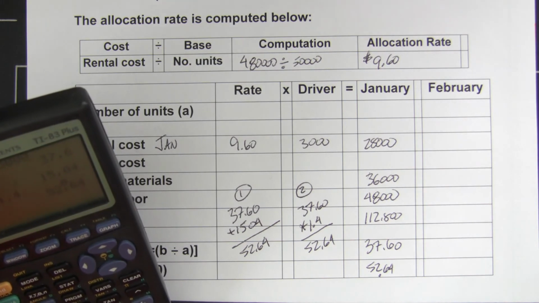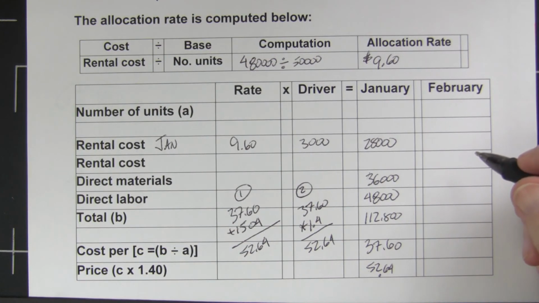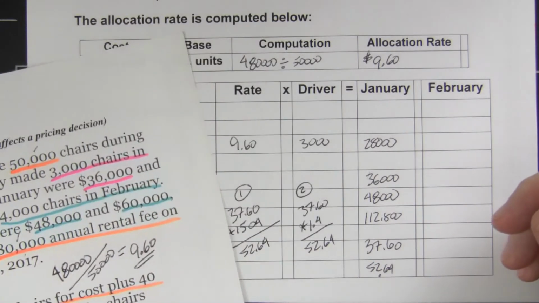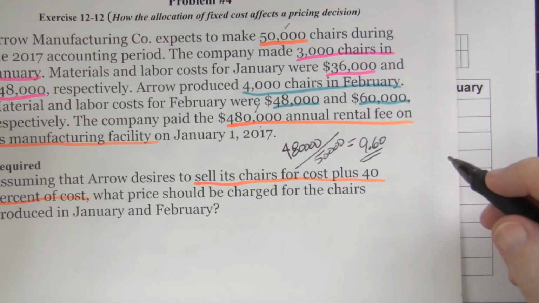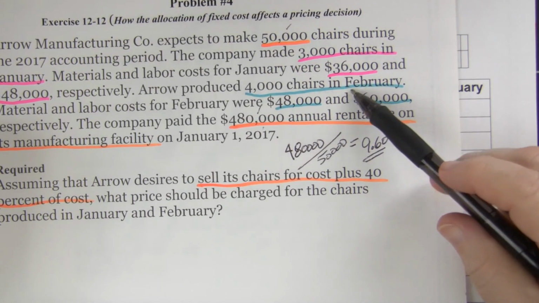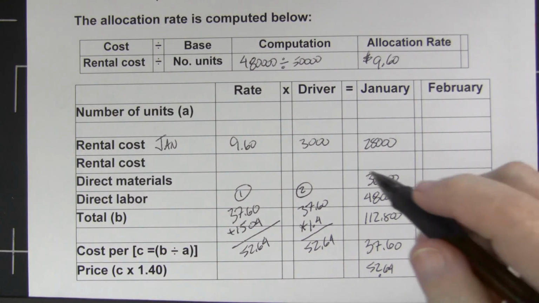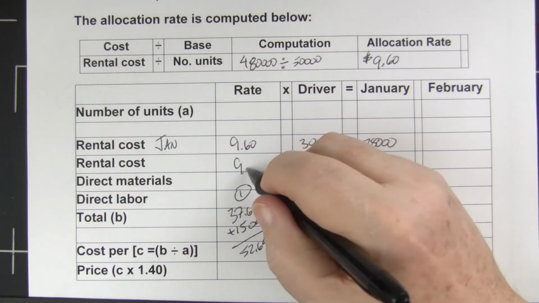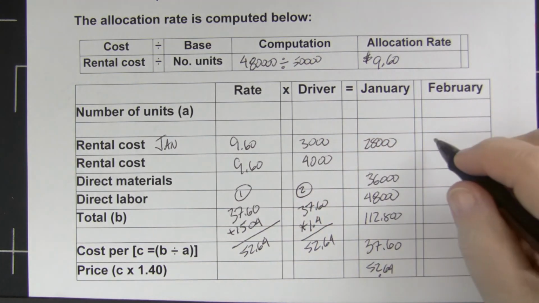Okay, now we're going to do February. The direct materials in February, again, they gave us that. And they gave us the production in February. They're the blue numbers. So in February we made 4,000 chairs and our costs were $48,000 and $60,000. So we have $9.60 times the 4,000 chairs.